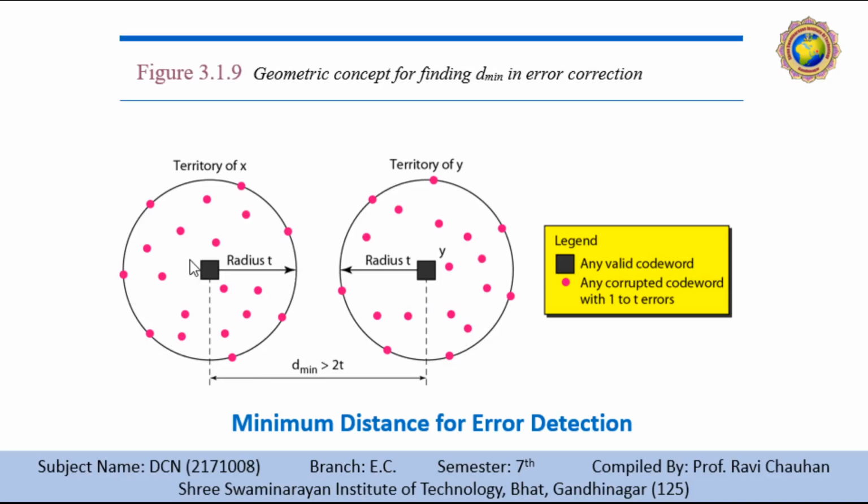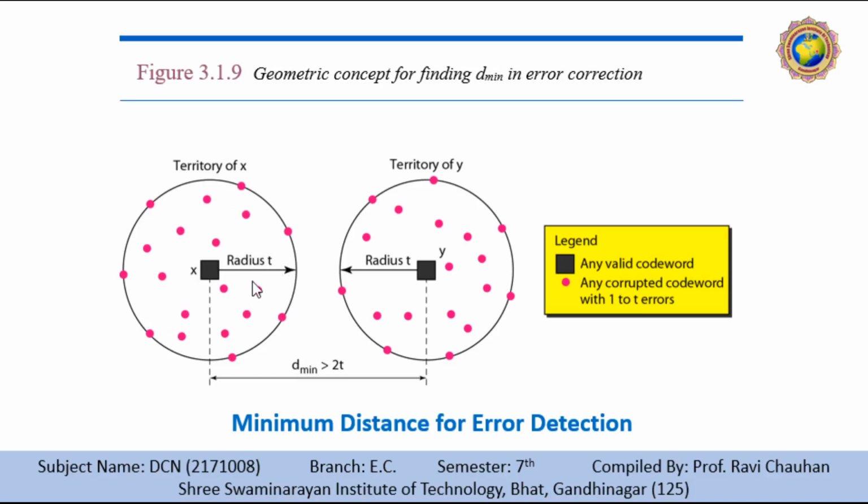We use a geometric approach to define each territory. We assume that each valid code word has a circular territory with a radius of t, and that valid code word is at the center. For example, suppose a code word X is corrupted by t bits or less, then this corrupted code word is located either inside or on the perimeter of the circle.